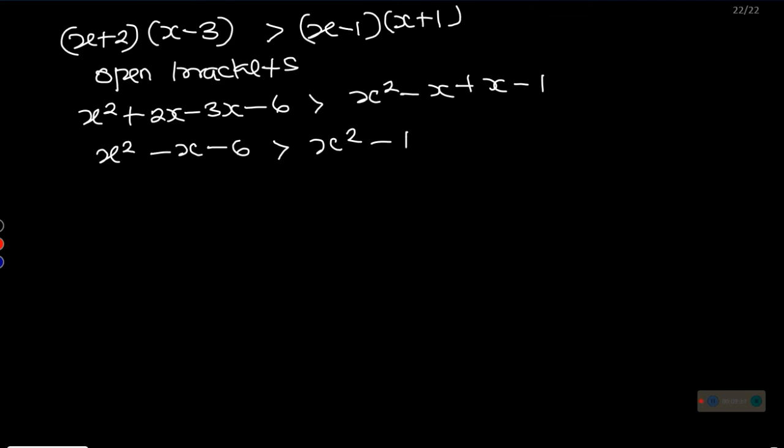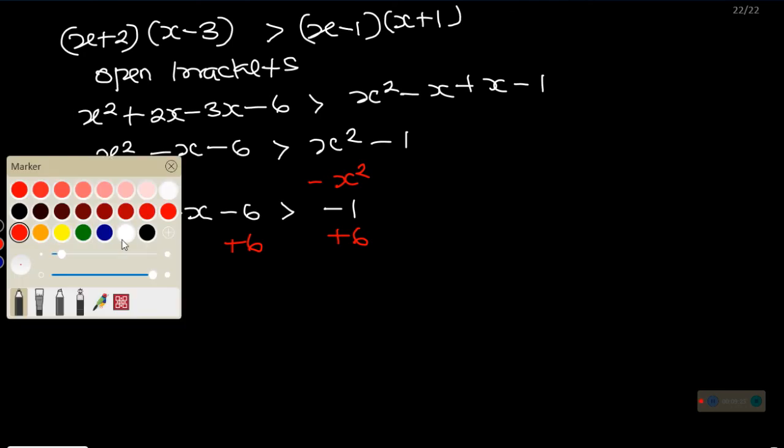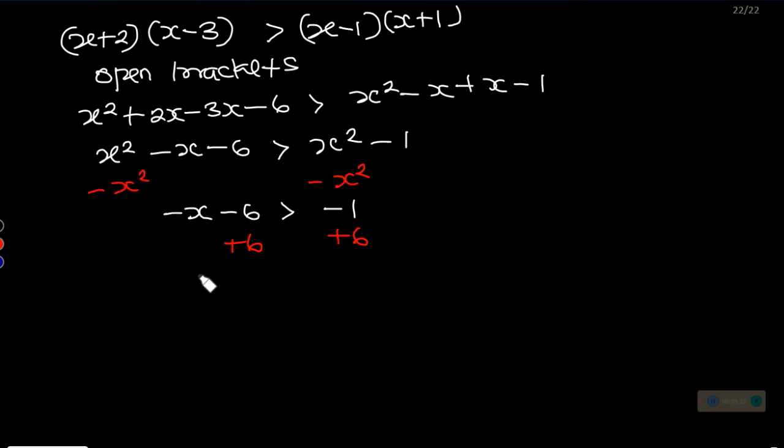Let's subtract x squared from both sides, and that will give us minus x minus 6 greater than minus 1. And then we can add 6 to both sides, and that will give us minus x is greater than minus 1. And guys, we can divide both sides by minus 1.